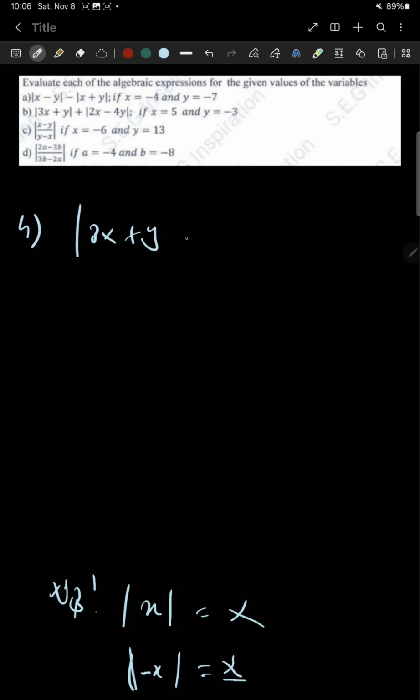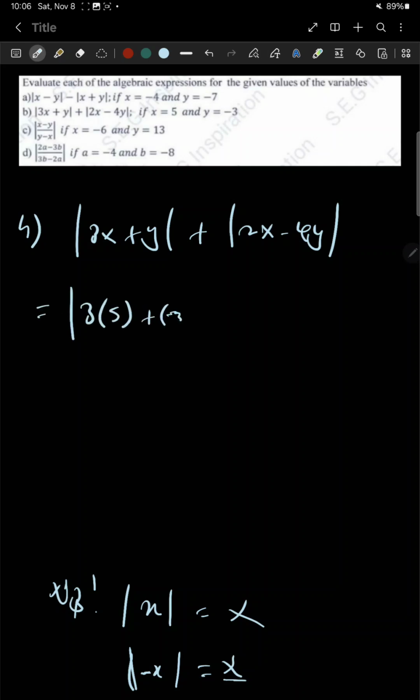Modulus of 3x plus y plus modulus of 2x minus 4y. So this will be modulus of 3 times 5 plus -3, plus modulus of 2 times 5 minus 4 times -3.